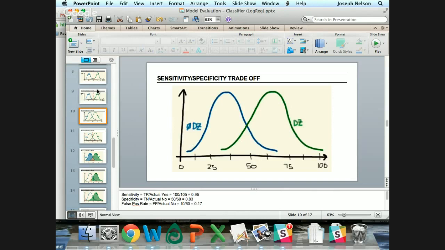Now our distribution looks like this, where does not have the disease is still on the left, and does have the disease is on the right. You'll note that the normally distributed values overlap near the long tails of those respective distributions.